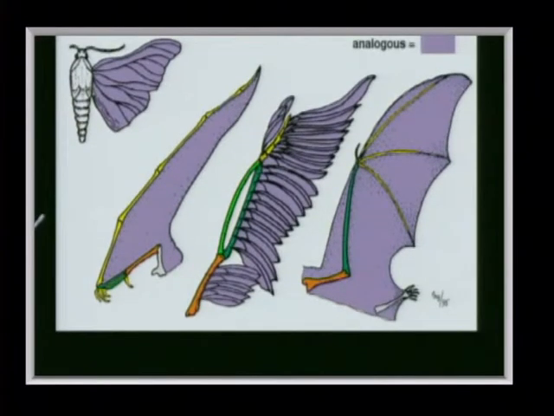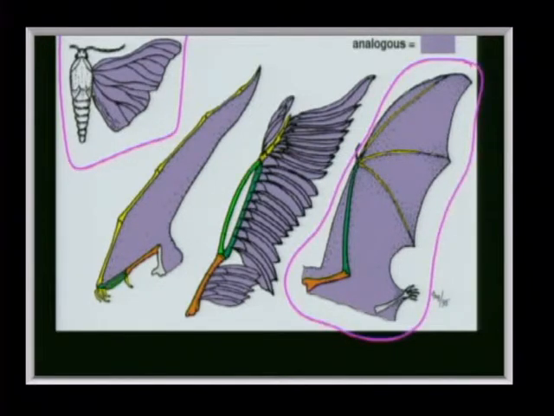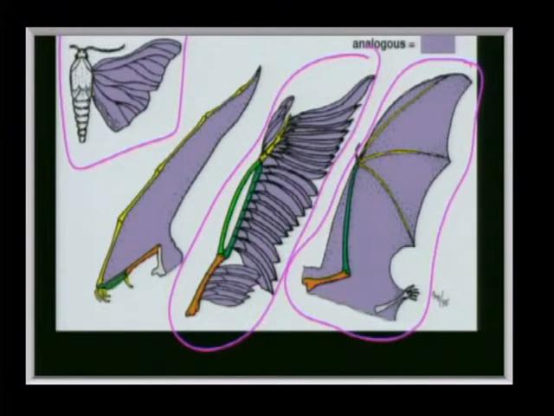So let's just have a look here. Here you can see, as an example, we have an insect with its wing. Here we have a bat. Here we have a bird. And now you can see that these two have similar fundamental structures.